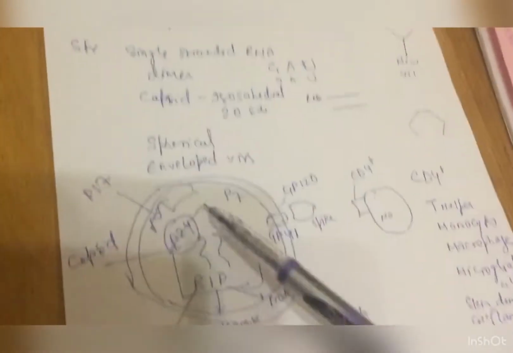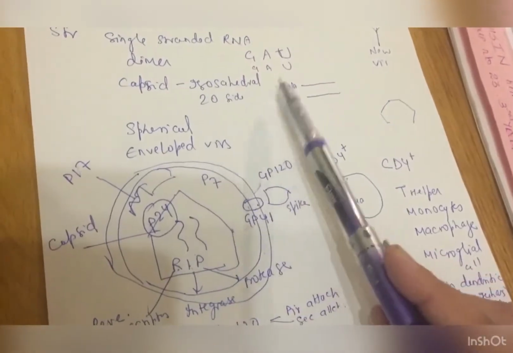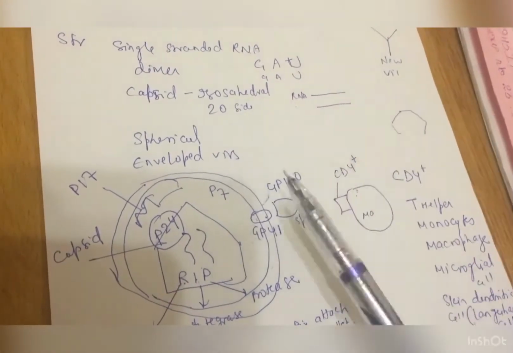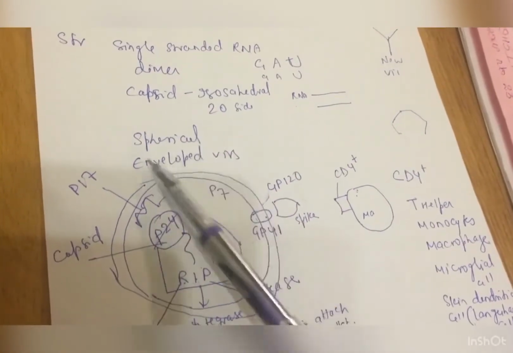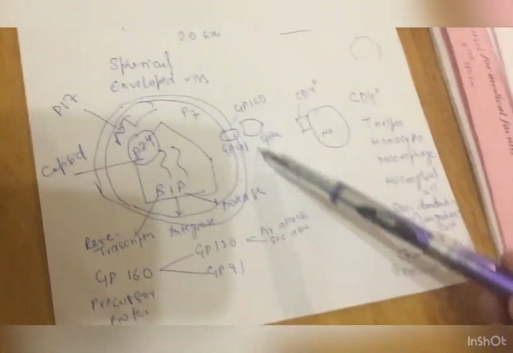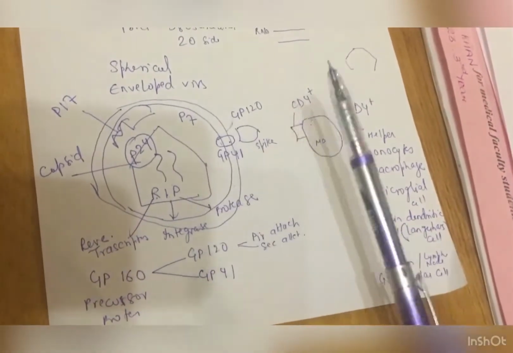It has a capsid, which is icosahedral. Icosahedral means it has 20 sides. This virus is spherical and enveloped because it is present in a lipid bilayer membrane.